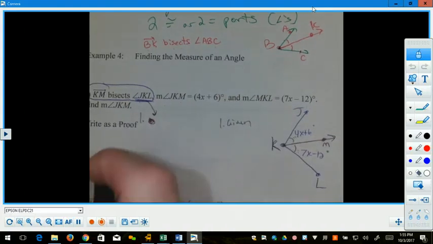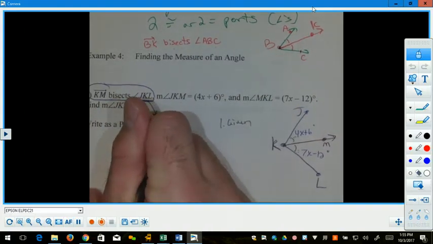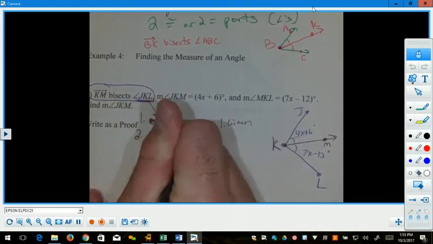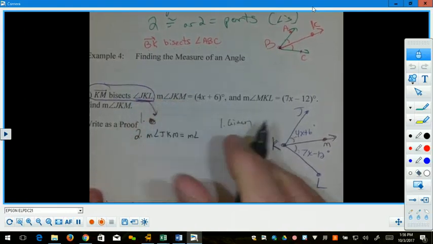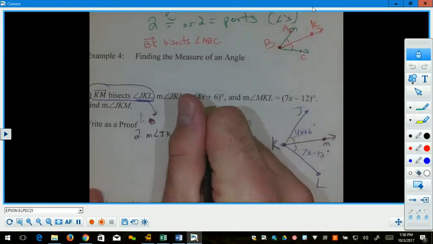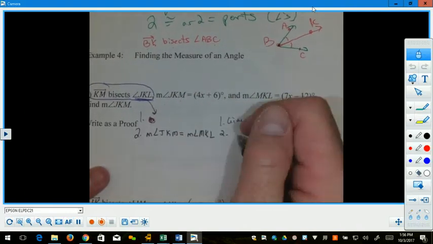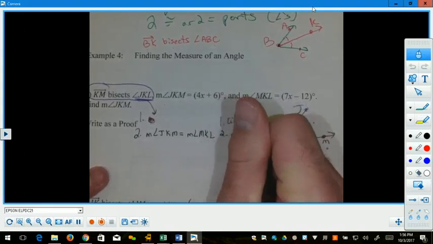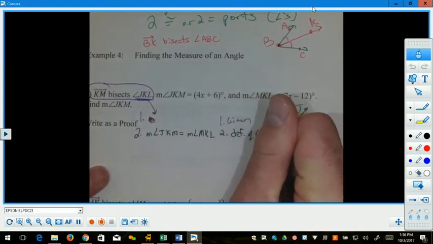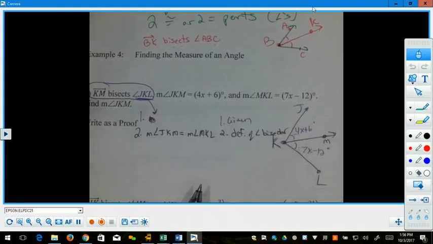Line 2 will be that the measure of angle JKM equals the measure of angle MKL. The reason being the definition of angle bisector, because that's a definition we defined up top, told us that those two pieces would be equal.